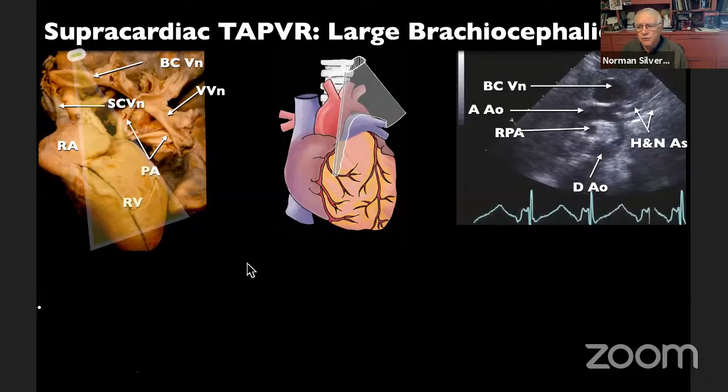And what the story will be here will be the following. We'll be showing you morphology, which is on the left side of the screen. There will be an echo plane to show how the echo cut is done and augmented with a diagram in the middle. And then on the right will be the echocardiogram that will be resolved from this scan plane.